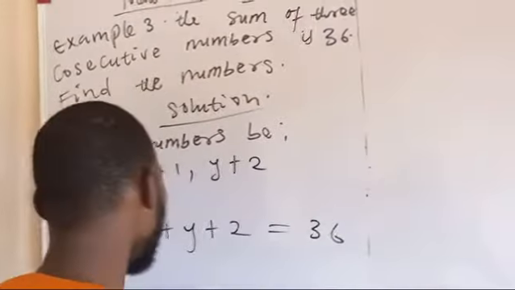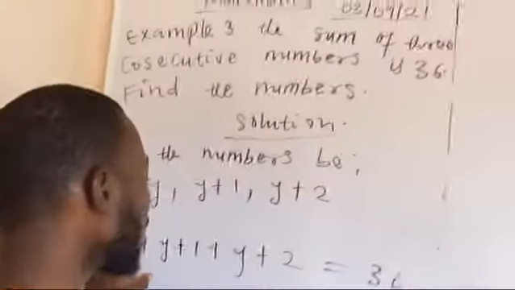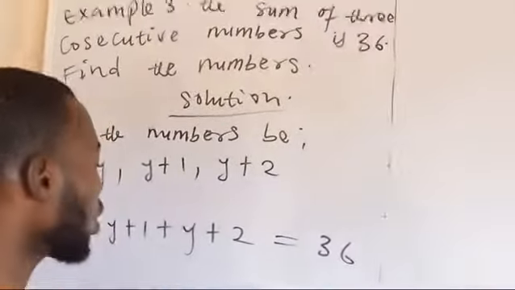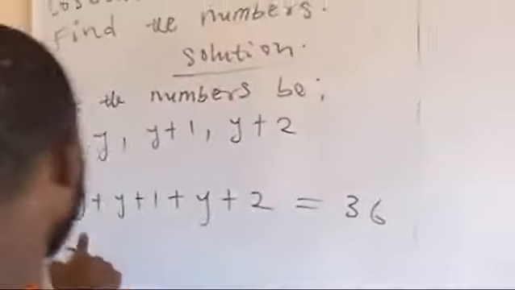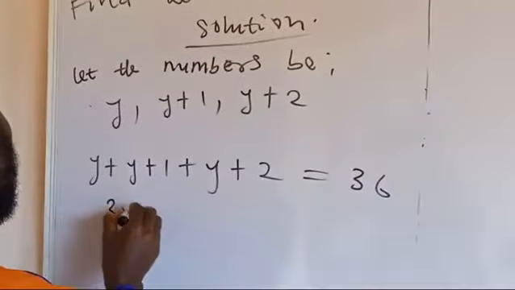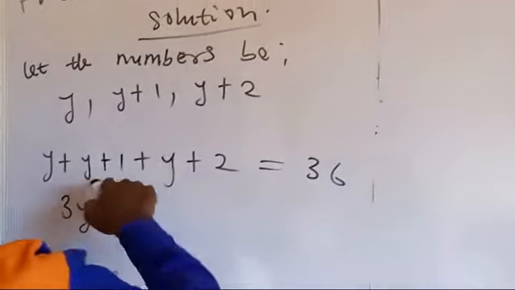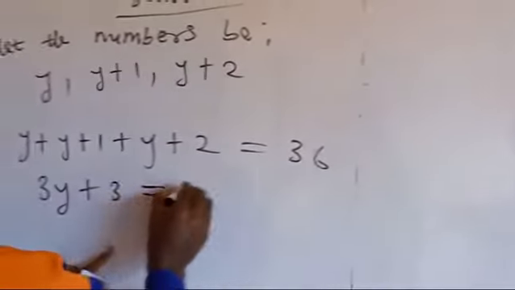At this point, we have to collect like terms again. All the unknown terms, we group in one side. All the constant terms should be on the right hand side. So we are going to have y plus y plus y, we have 3y, plus 1 plus 2 will give us 3, is equals to 36.